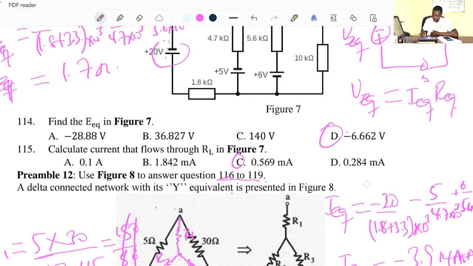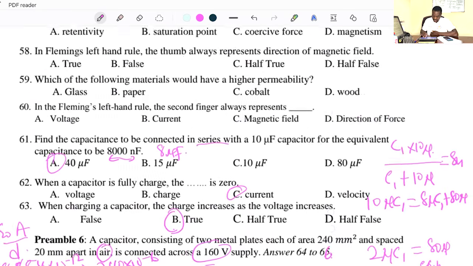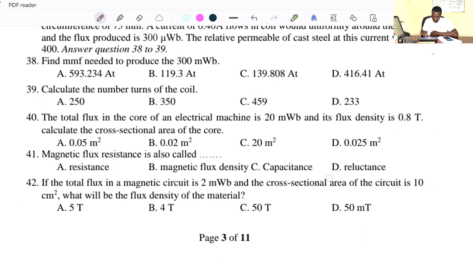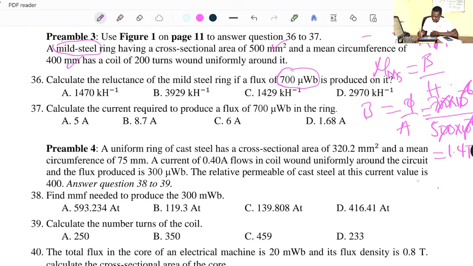So the magnetic field strength here is 2,500. Write it here. 2,500, right? So for cast steel, 2,500 amps per meter.